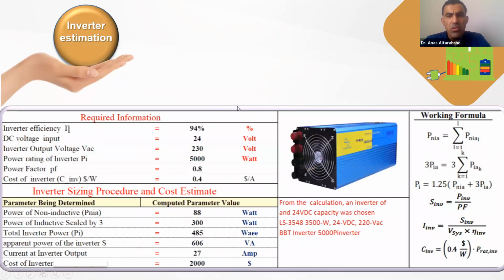Right now, you can look at the inverter. The inverter, as you know, converts the DC power to AC power. The higher the efficiency, the better the inverter. Right now in the market, you can find inverters that have about 98%, about 98.5%.